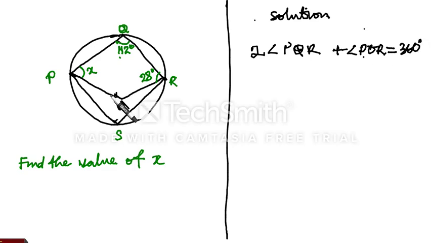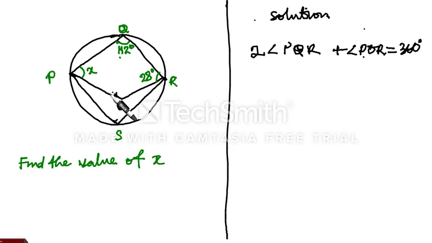Look at it here. So whatever is here, this is the POR. The POR is going to be located here. Good. So plus twice PQR. Twice PQR is the reflex angle at this point. So plus this is equal to 360. Then what do we have?